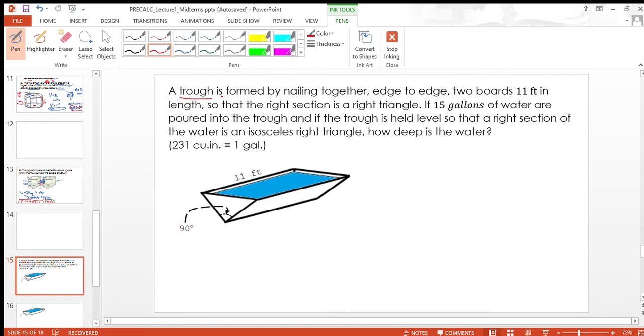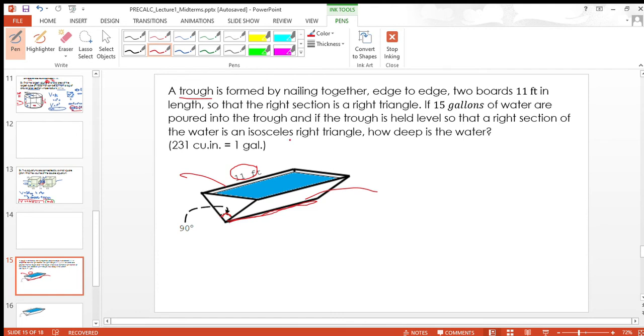A trough is formed by nailing together edge to edge two boards 11 feet long. So 11 feet long, these are the boards nailed together, so that the right section is a right triangle. This is a right triangle. This forms a 90-degree angle.